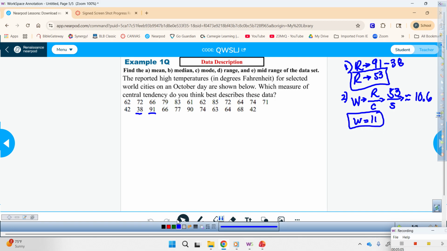All right, so let's get our distribution. Class limits. We start with what number? Tell your neighbor. 38. What's the next number up, everyone?